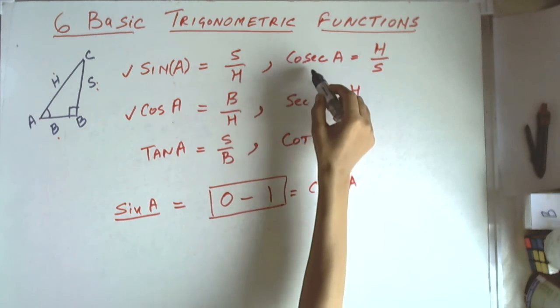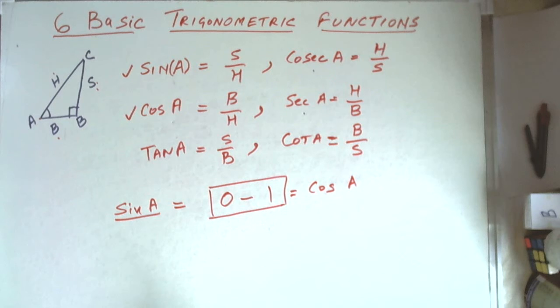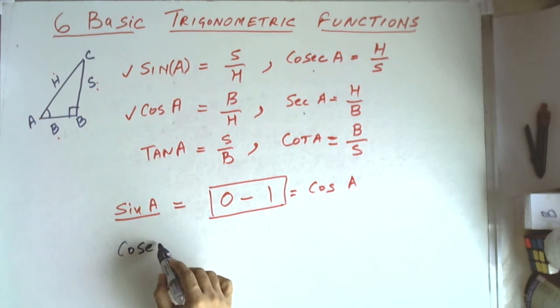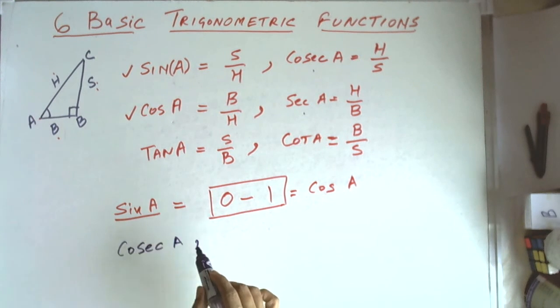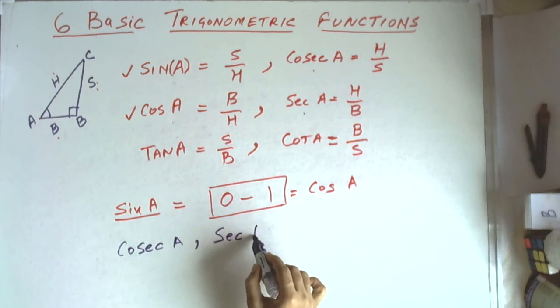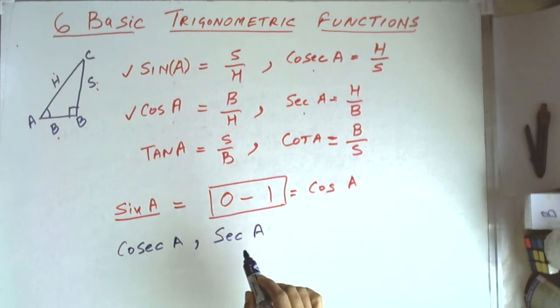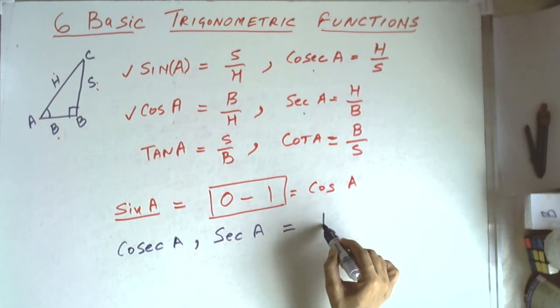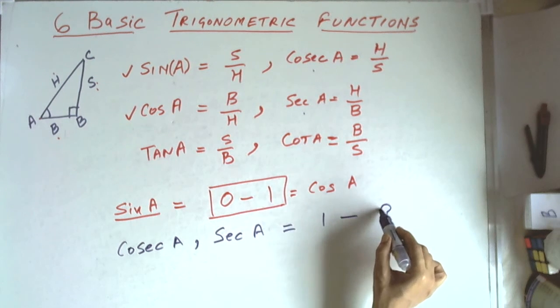In the case of cosec and sec, the hypotenuse is in the numerator. So please remember that for cosec A or sec A, the value will always be greater than 1, so it will be from 1 to infinity.